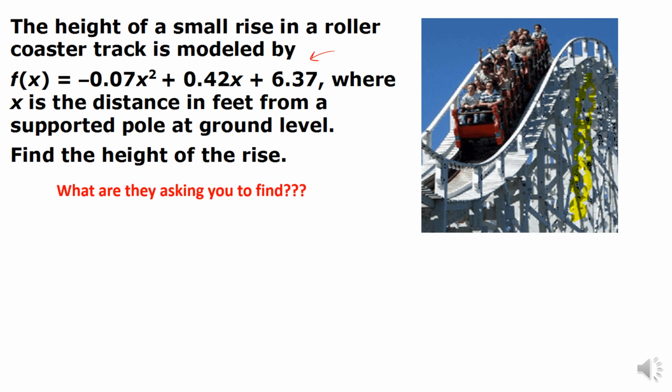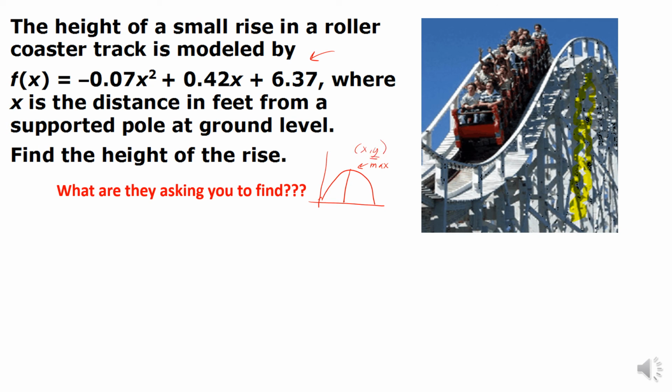Okay, so they are asking you to find the maximum. So if you think about the graph, here's my roller coaster, and this is my maximum. And that's what they want you to find, the distance from the ground. So whatever we do here, this is the number that we're looking for.